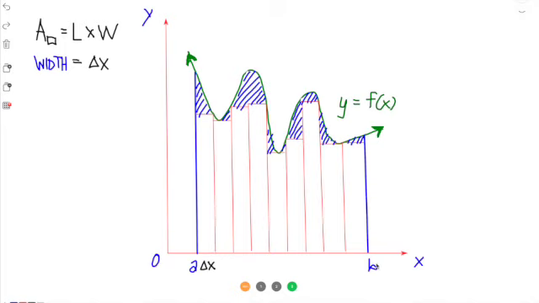It means that if we subtract a from b and divide by delta x, we will have the number of these rectangles, or the number of subintervals. We have here the interval a and b, and we divide it into smaller intervals, subintervals. So let's call that n. So we have n subintervals.